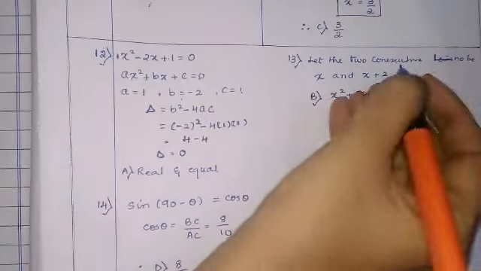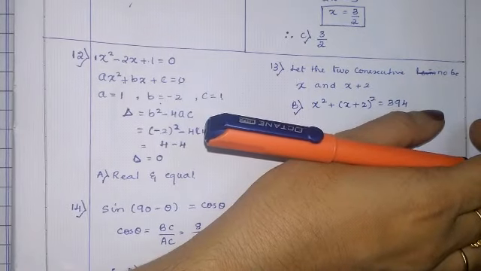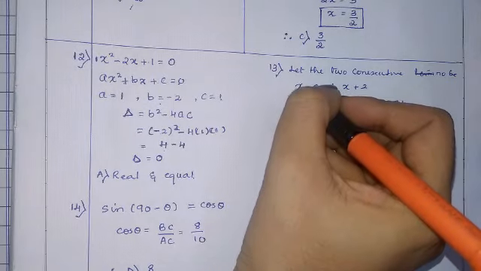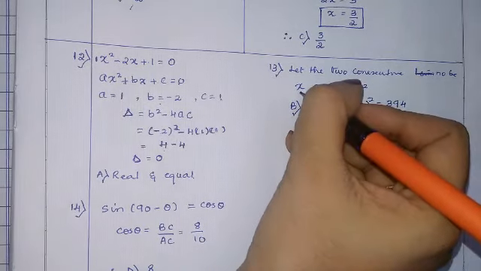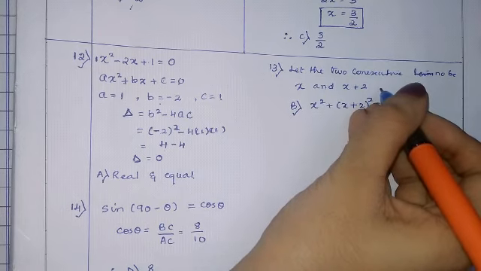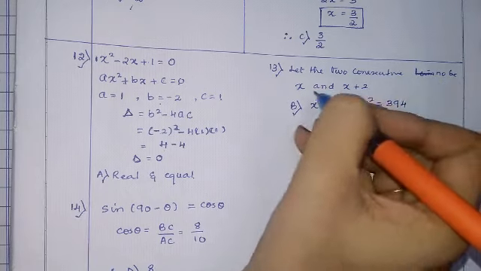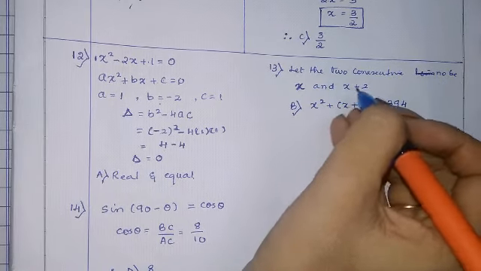See here, we have to first assume: let the two consecutive odd numbers be... Odd in the sense we are thinking 1, 3, 5, 7. But in these consecutive numbers, x plus 1 we have to leave, and the next is the odd number. So x and x plus 2 I have considered. Let the two consecutive numbers be x and x plus 2. We have left x plus 1 here.